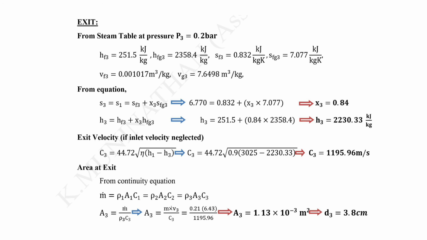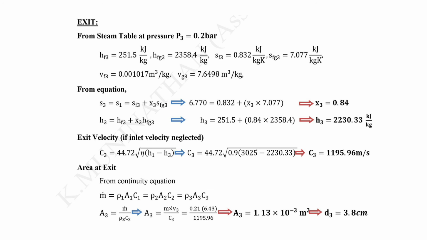And the exit velocity, if inlet velocity is neglected, we can write as C3 is equal to 44.72 square root of eta multiplied by H1 minus H3. From the equation we can calculate the C3 value. The area at exit is also obtained from the continuity equation.